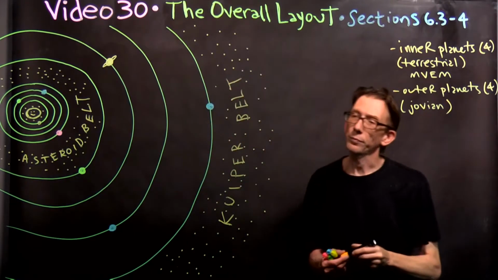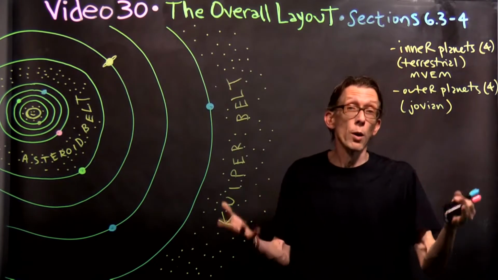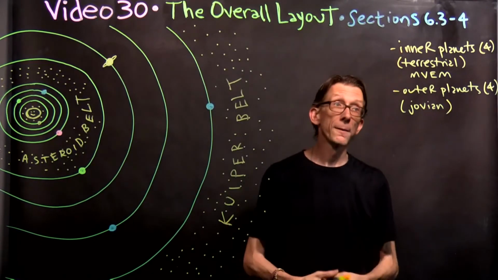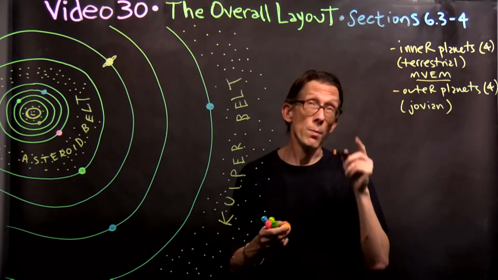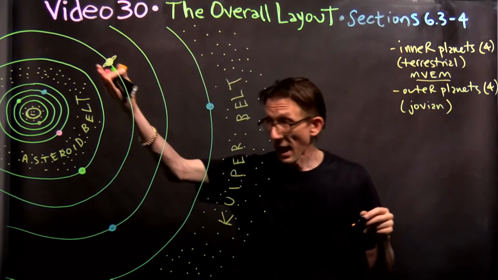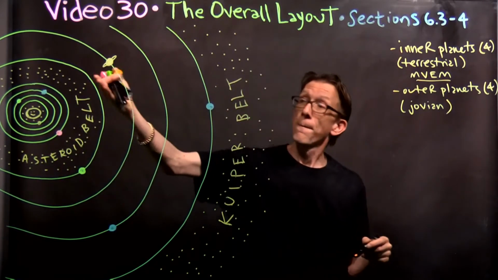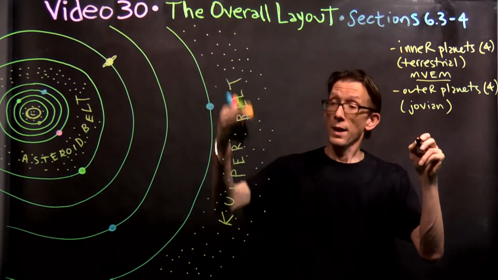Out there. Okay, so it's a simple, harmonious, symmetric layout. 4 terrestrial planets: Mercury, Venus, Earth, Mars. Then the asteroid belt, then the 4 Jovian planets, and then the Kuiper Belt.